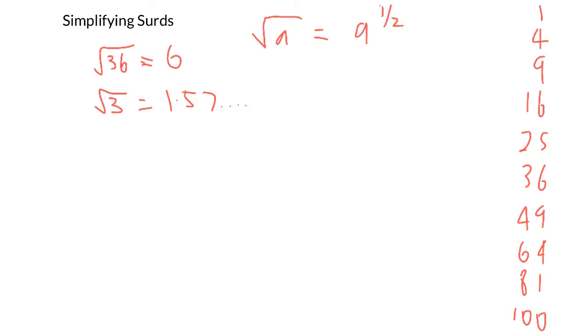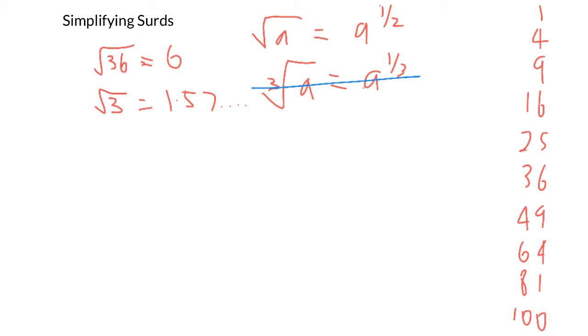If I had the cube root of a, that's the same as a to the power of 1 over 3, but we're not really going to use that for this lesson. So the fourth root, the fifth root, and so on would be a to the 1 over 4, 1 over 5, but we're not going to use that today.